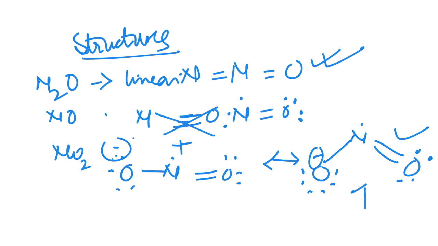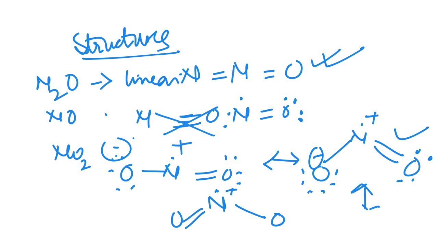Its resonating structure will have the double bond on this side and the single bond on the other. So this is the structure of NO2.